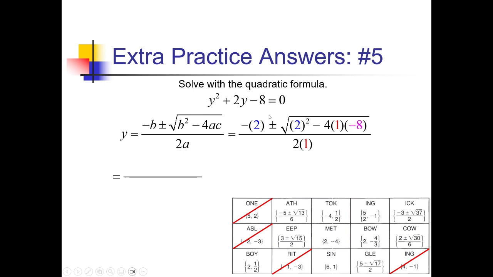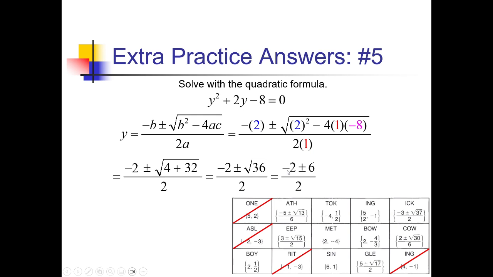So that's negative 2 plus or minus square root of 4, and minus 4 times 1 times negative 8, that's a positive 32. So 4 plus 32, all over 2. 4 plus 32 is conveniently 36. Convenient because the square root of 36 is just the whole number 6.